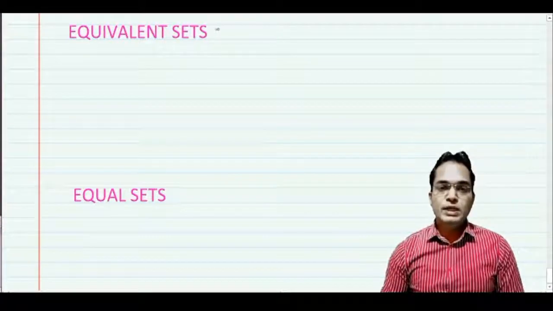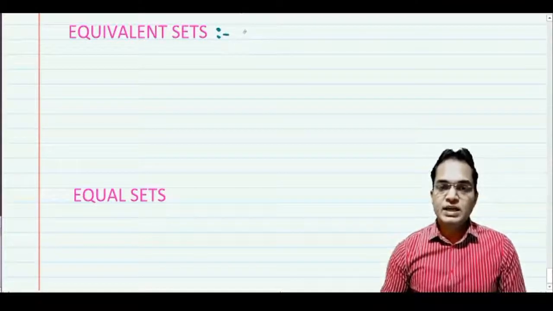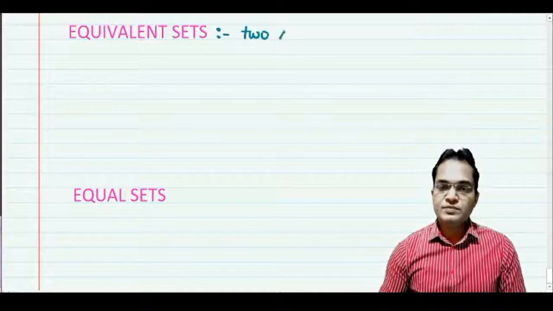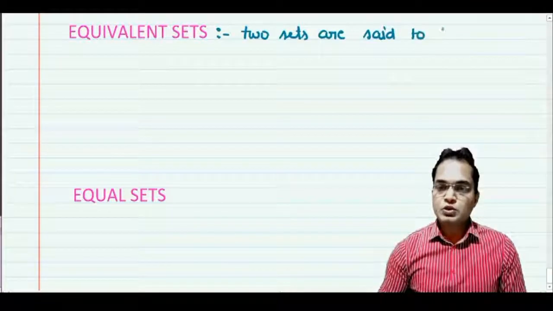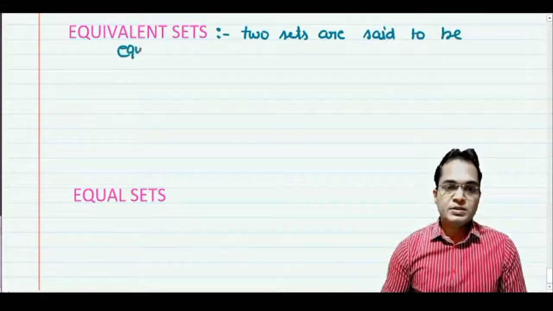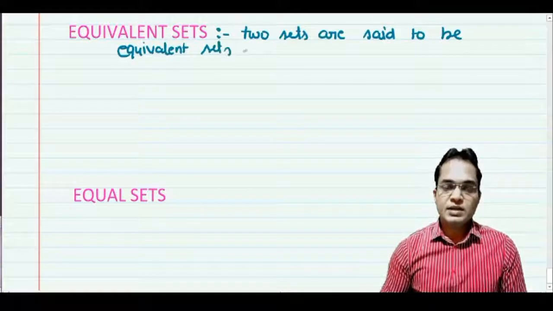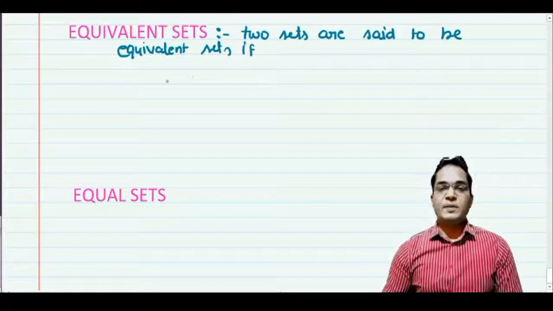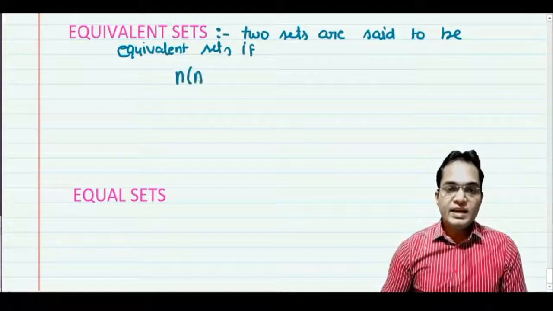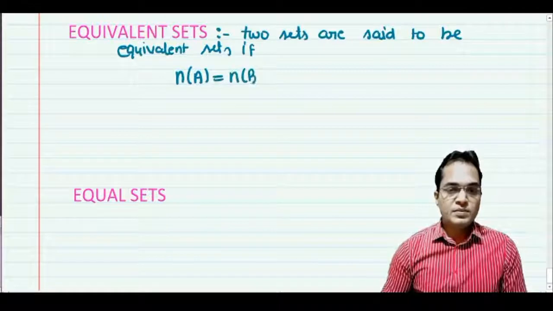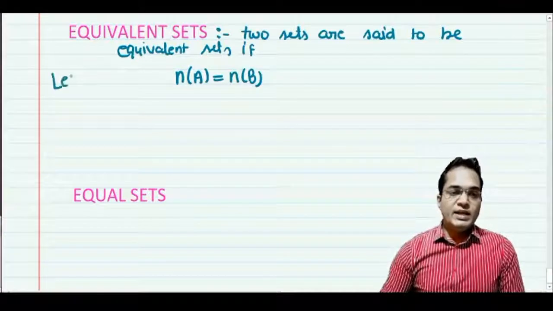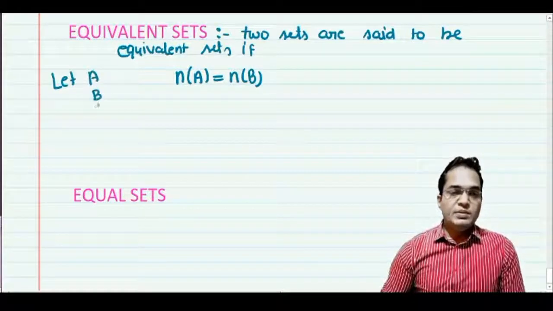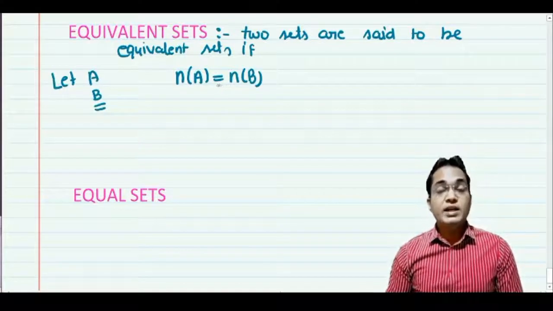Two sets are said to be equivalent sets if n(A) equals n(B). Let the sets be A and B. A and B are said to be equivalent sets if their cardinal numbers are equal.